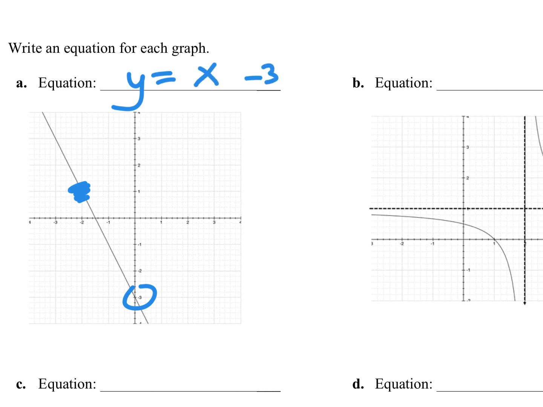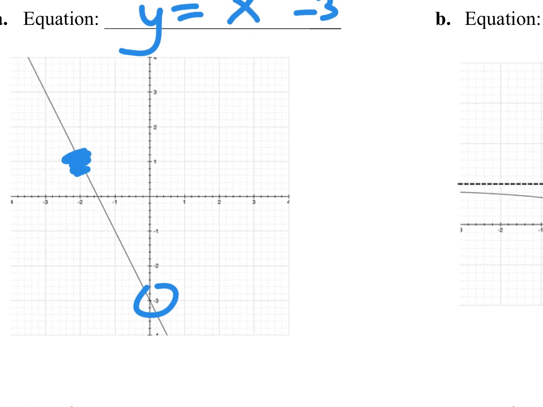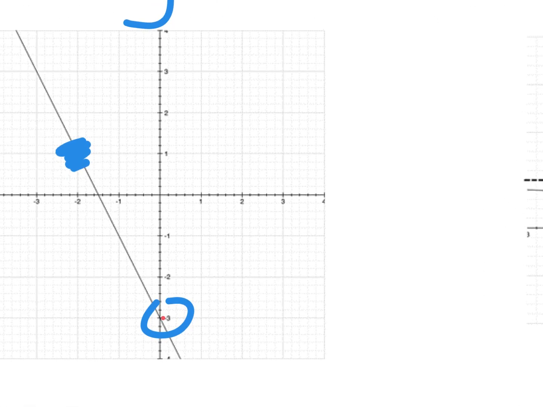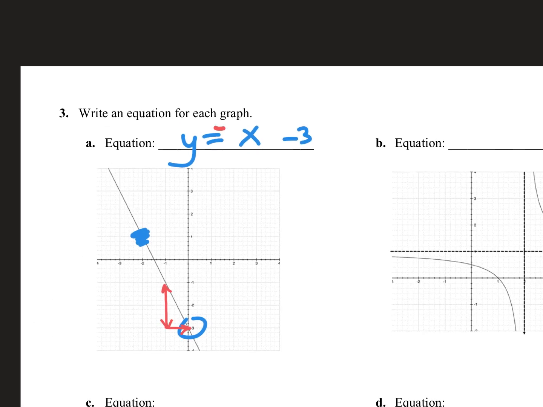It looks to me like it's steeper than just -1, so it's probably -2, but I really need to look. And I'm going to go, oh, look at that. The slope is you go down 2 and over 1. It's a slope of -2x minus 3.